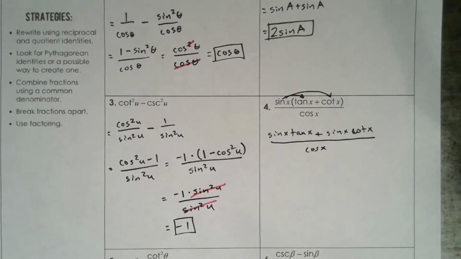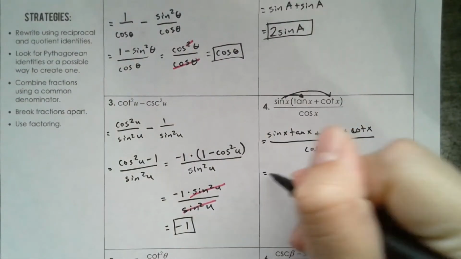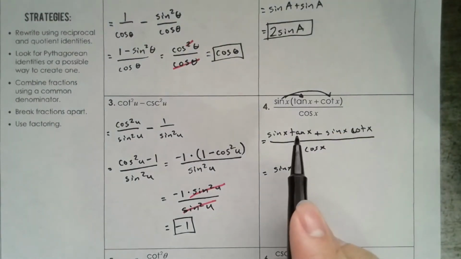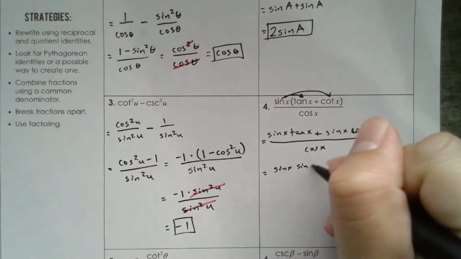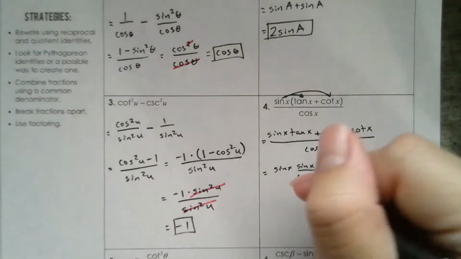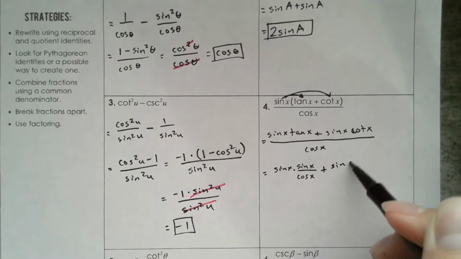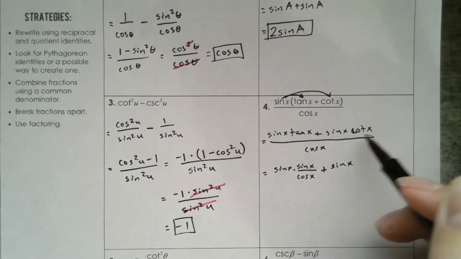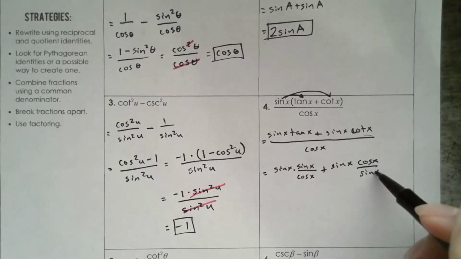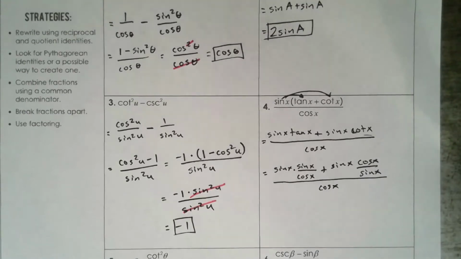Next I'm going to apply the identities. I have sine x, that's this guy. Tangent x, that's sine x over cosine x, times there, plus sine x times cotangent x, that's cosine x over sine x, all over cosine x.